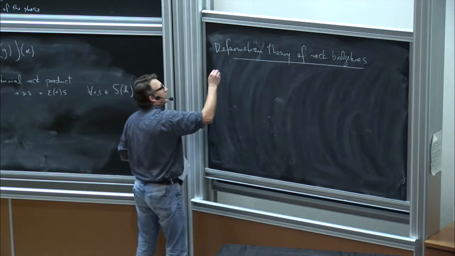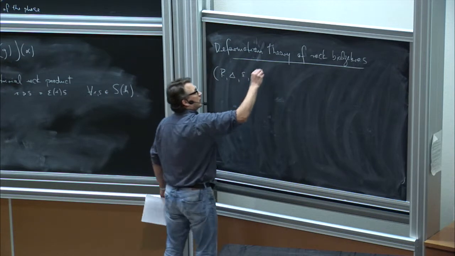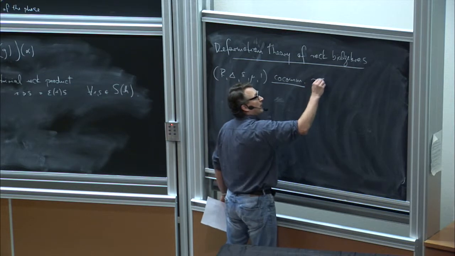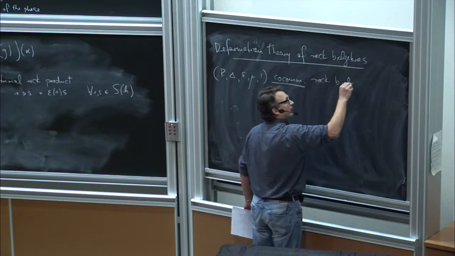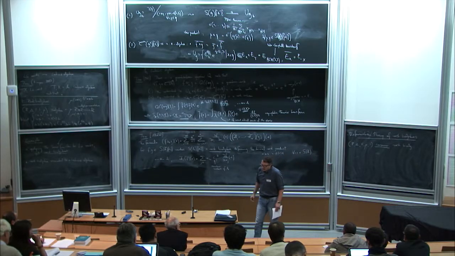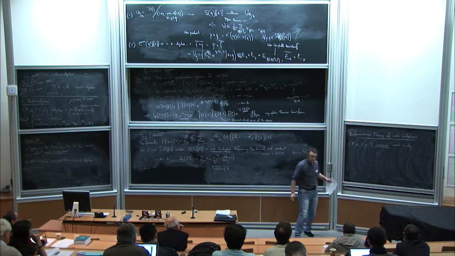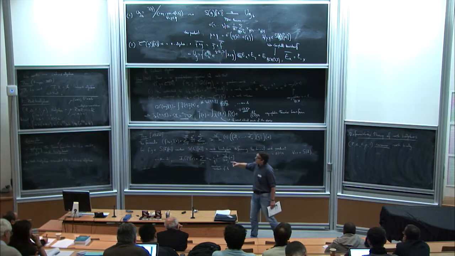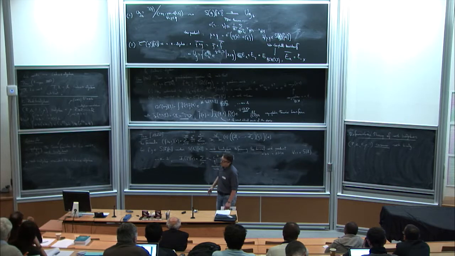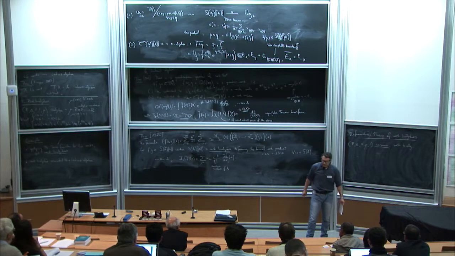So here we take co-commutative rack bialgebras. And there is already an existing cohomology theory for rack bialgebras in the literature. I should have said that rack bialgebras in this way had been introduced by Carter, Crans, Elhamdadi and Saito.